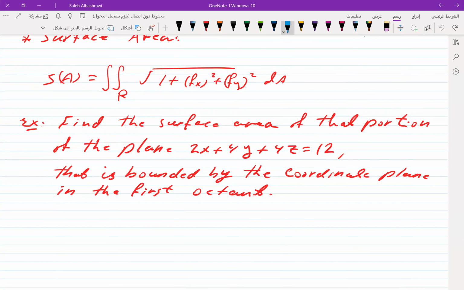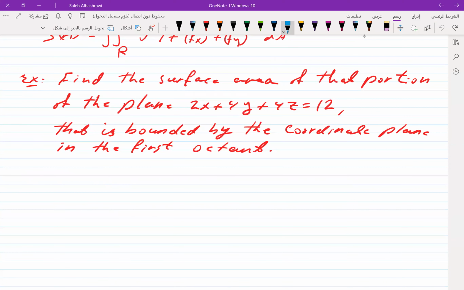Okay, so we have this surface in three-dimensional space. We can find the intercepts with x, y, z, and then we can check the surface that we need to find. For the x-intercept, letting y equal to 0, z equal to 0, I will have 6 for x, 3 for y, and 3 for z.